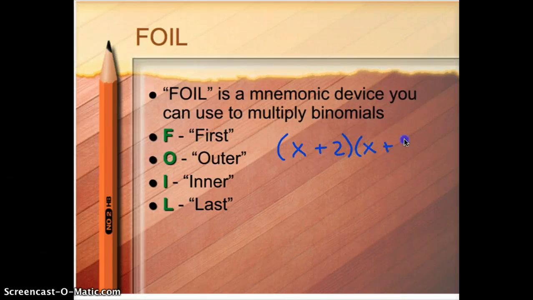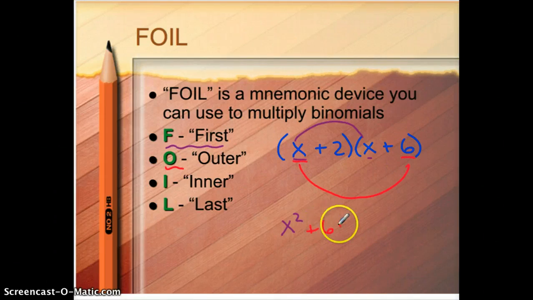Okay? So to multiply two binomials, you can use this mnemonic device called FOIL, which says I'm going to take my first terms, which are x, and multiply them. So there we go, x times x is x squared. I'm going to take my outer terms, which is going to be the x and the 6, and multiply them.